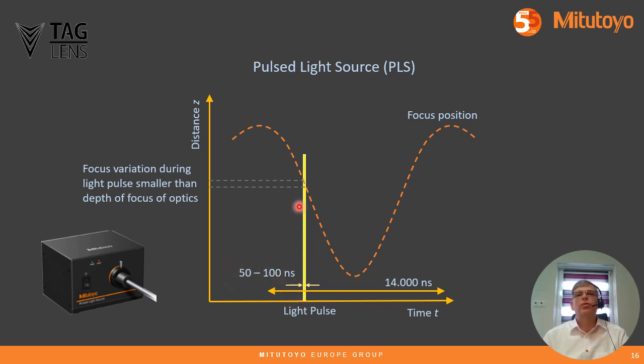So within this pulse time, the distance of the focal point varies only a very little bit. Therefore, it's possible to pick a specific height in focus using the pulsed light source. By shifting the pulse to different positions, it's possible to pick different layers in focus.